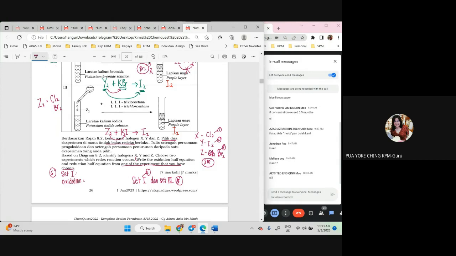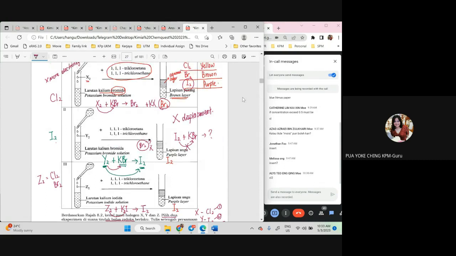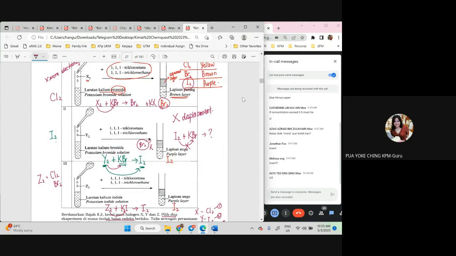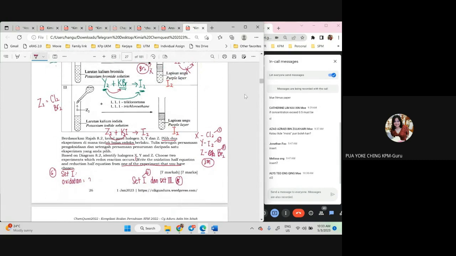So, oxidation untuk set 1 ialah Br minus. 2 Br minus produce Br2 plus 2e minus. Reduction is chlorine. Cl2 plus 2e minus produce 2Cl minus.